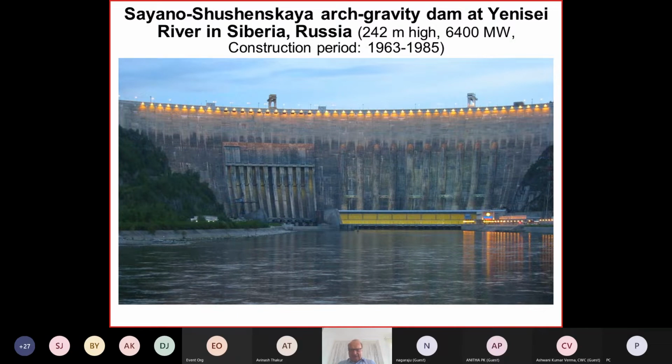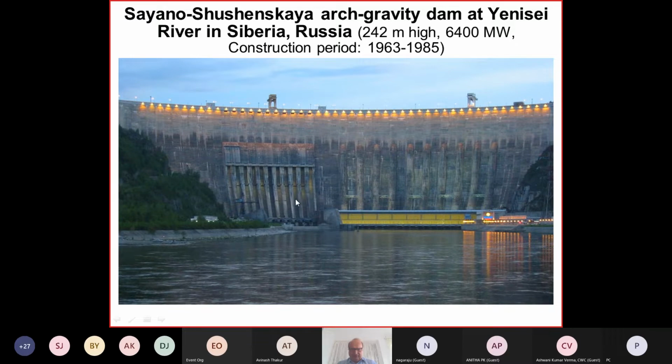This is the highest dam in the former Soviet Union, in Russia. It is 242 meters high, 6,400 megawatts. Big project. You see here the construction period. It took a long time, 22 years, until it was really finished.